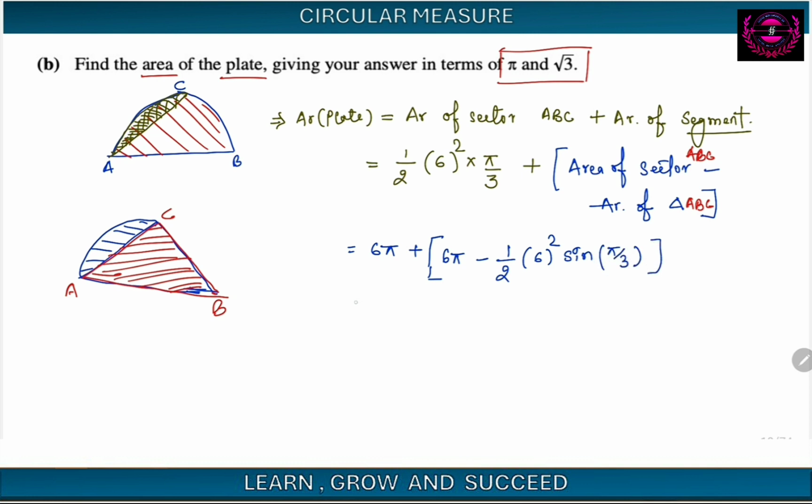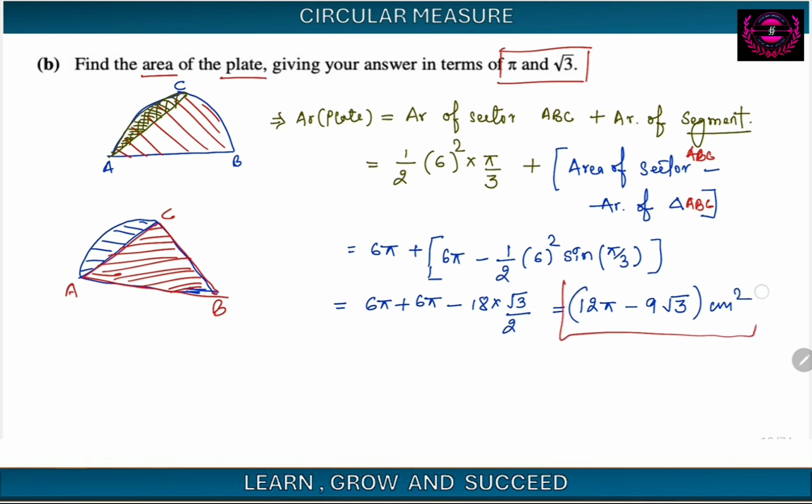Sin 60 is root 3 by 2, which becomes 6 pi plus 6 pi minus 36 upon 2 is 18, 18 into root 3 by 2, which gives us 12 pi minus 9 root 3 centimeter square. And this is our final answer.